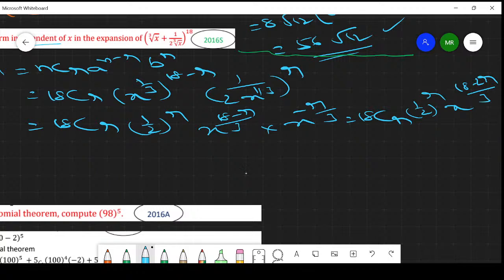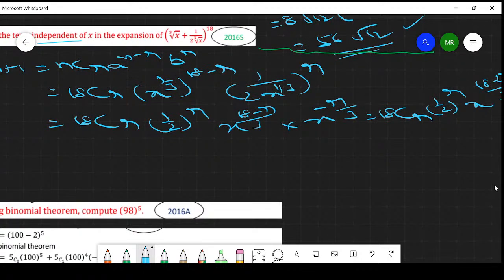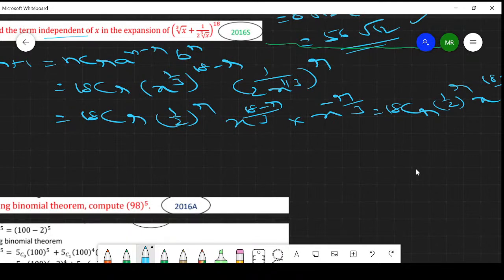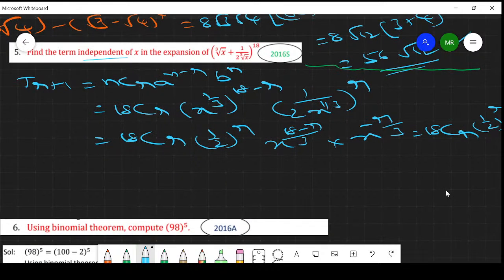But they don't want x term. So that means x power 18 minus 2r by 3 should be equal to x power 0, since to get independent of x, x power, so that you remember, x power 18 minus 3r by 2.